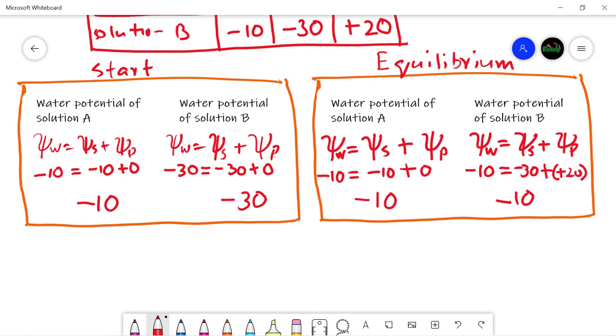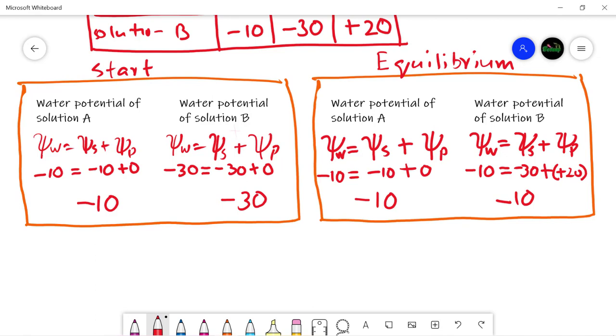So this is the general statement. The water potentials of the solutions on either side of the membrane will tend to equilibrate. So this was the relationship of osmotic quantities.